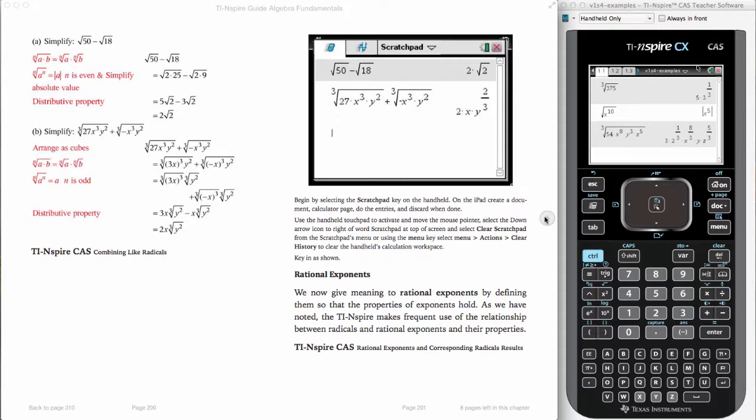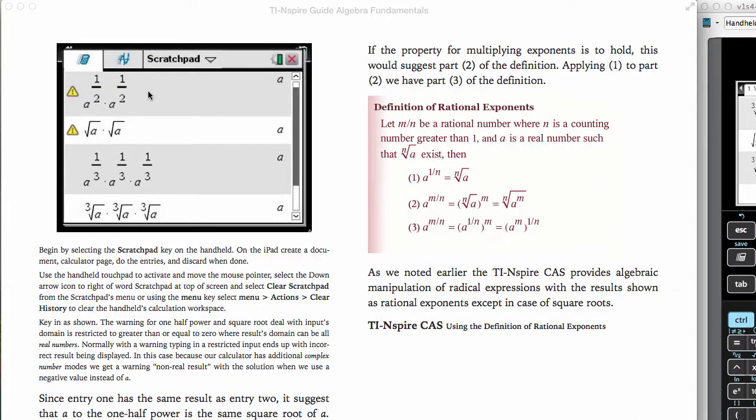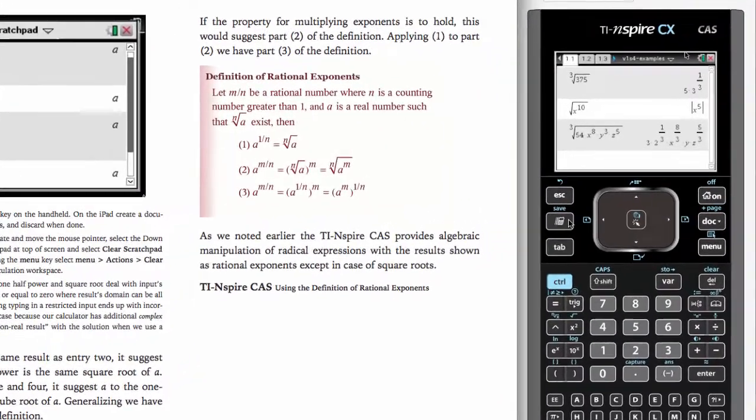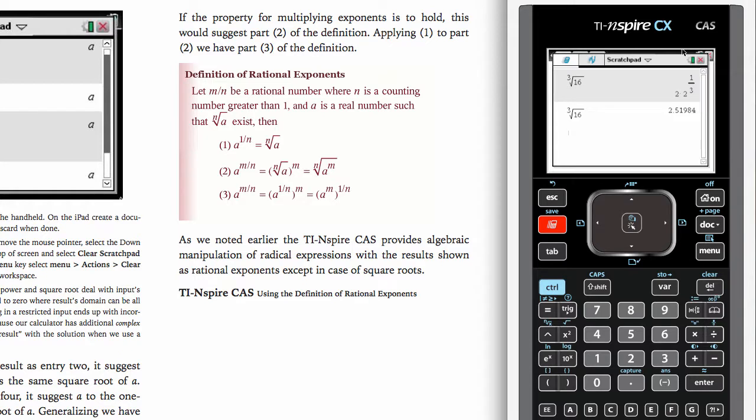Moving on, we have some unique things happening when we're using our CAS model. So let's go ahead and take a look at some of this information on our calculator. So over here, we'll go to our calculator, we'll hit the scratch pad, and we'll want to clear out the entries on the scratch pad.